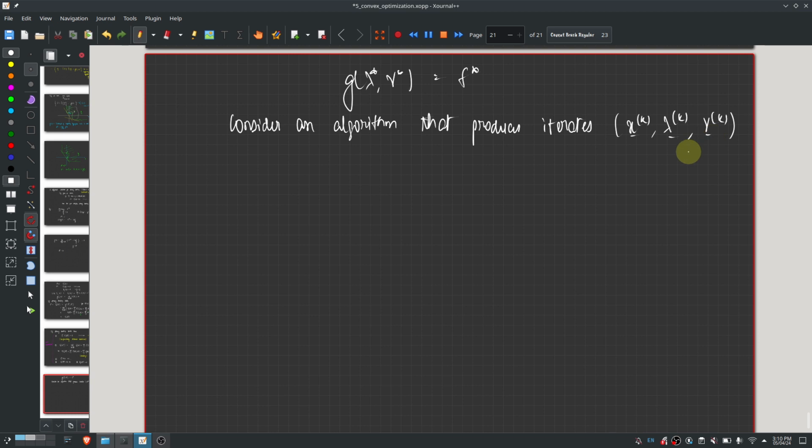In each iteration, you find some xk, a lambda k, and a nu k. Doesn't matter how you get these.